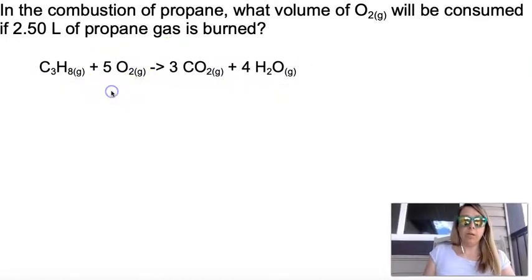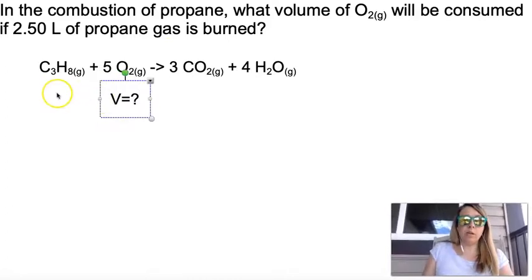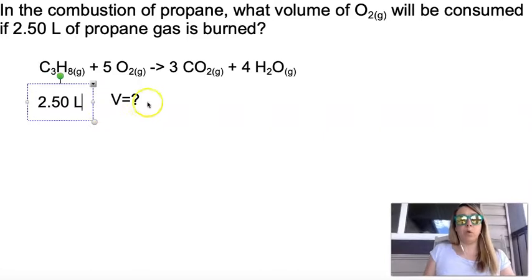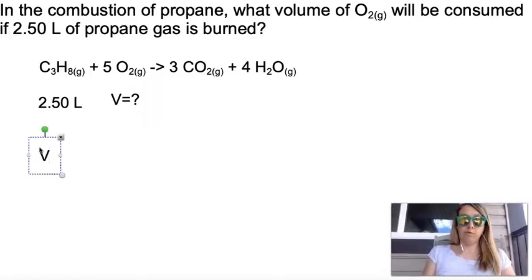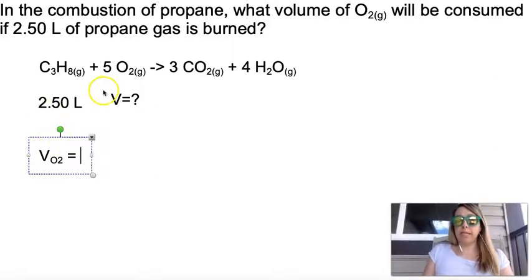We are looking for the volume of oxygen, that is our unknown. We are told that 2.50 liters of propane burned. So in this case, I have a volume of this gas, and I'm looking for a volume of this gas. This is a scenario where I can use a volume ratio. I would generate the volume ratio the exact same way I would a mole ratio. If I was trying to make a mole ratio between these two, I would have said 5 moles of oxygen to 1 mole of propane.